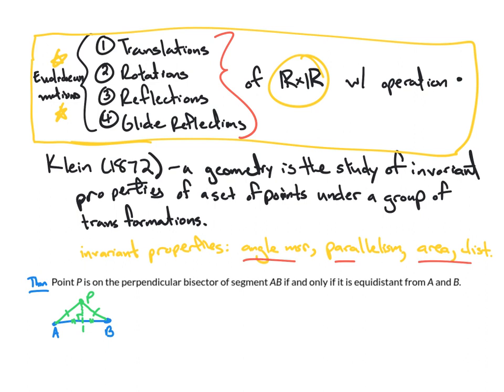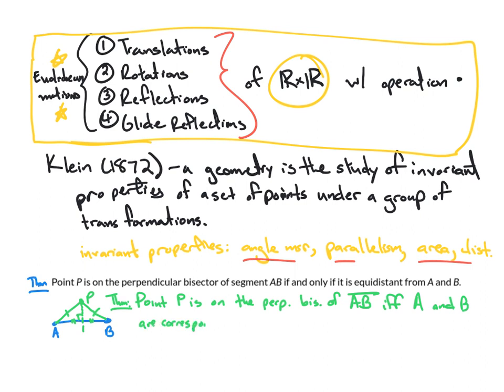But we can also think about it in terms of transformations, right? Instead of the theorem the way we've written it, we could say point P is on the perpendicular bisector of segment AB if and only if A and B are corresponding points in a reflection about a line through P that is perpendicular to AB.